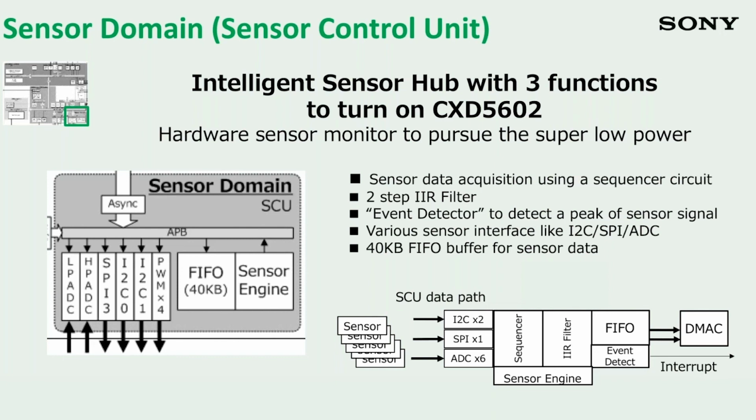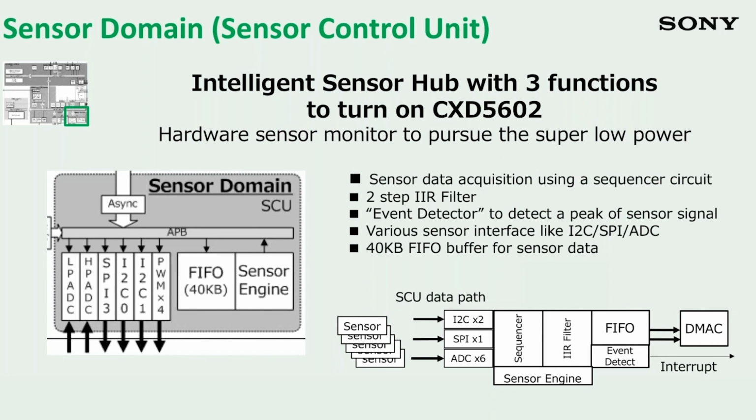The output of that is either you need to take an action, meaning an event has been detected, so you send a message to the DMA controller, or you need to stay idle, so it goes into your FIFO. It's going to stay there. So this is how we are saving power. If you don't need to take any action, it stays in the FIFO. But if the event is detected, then you go to the DMA.